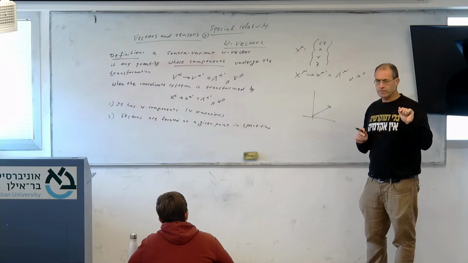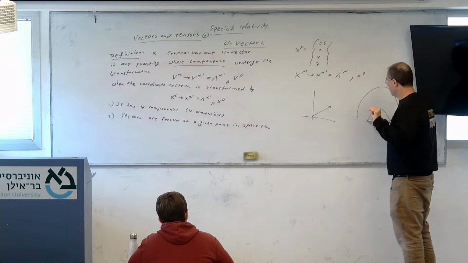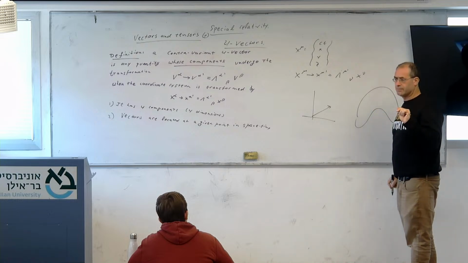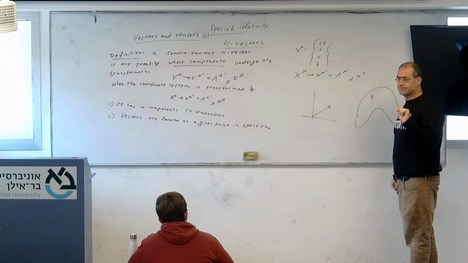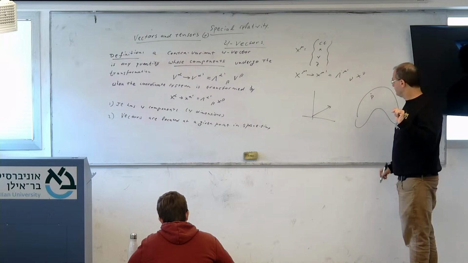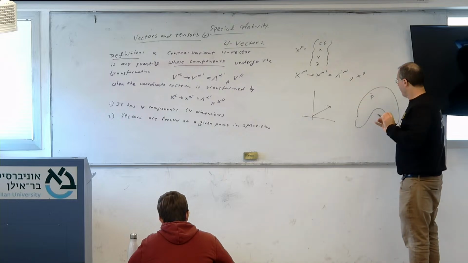Where is this becoming crucial? When the space is not flat. So let's think of that space. There's a point P on that space. Think of the surface of the Earth. The technical name for such a space is a manifold.